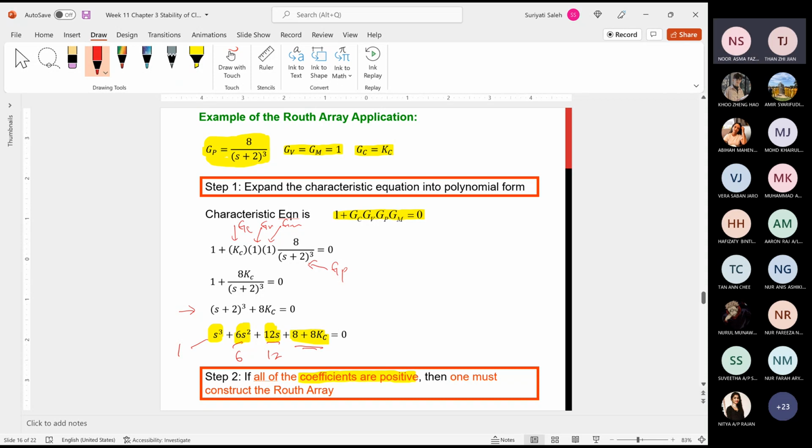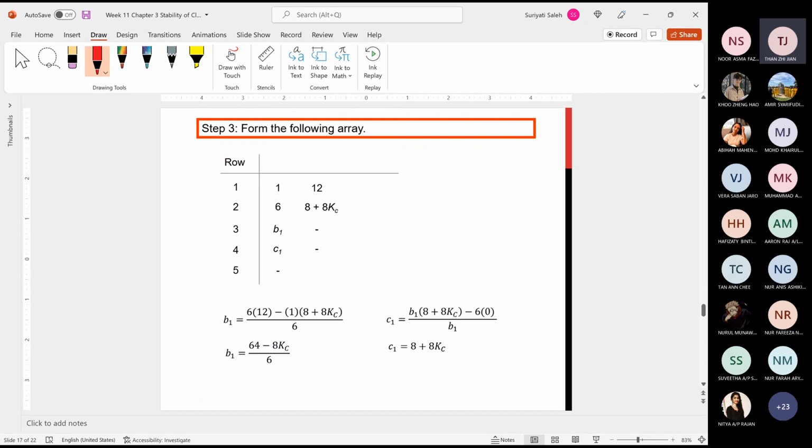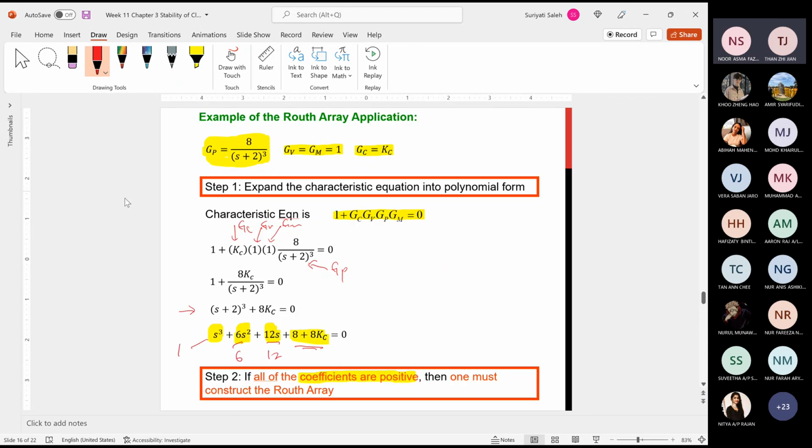So we cannot determine whether this system is stable or not. So you require further analysis. So based on that, we can arrange the Routh array table, where in row 1, in this case, we have the following equation.